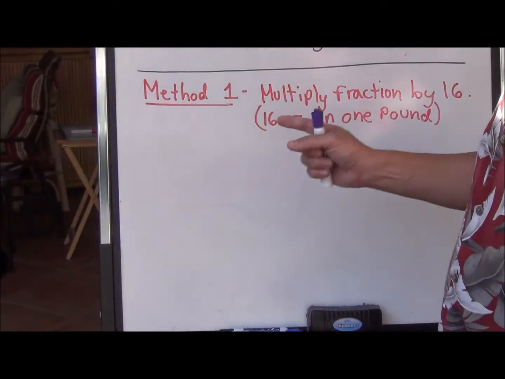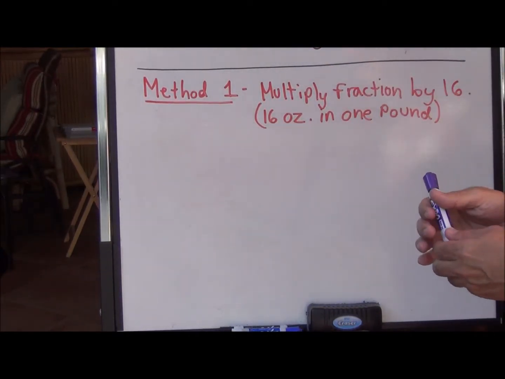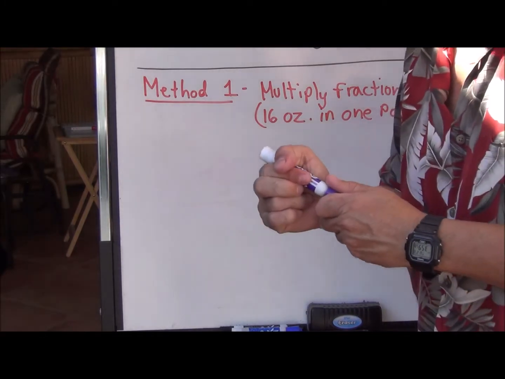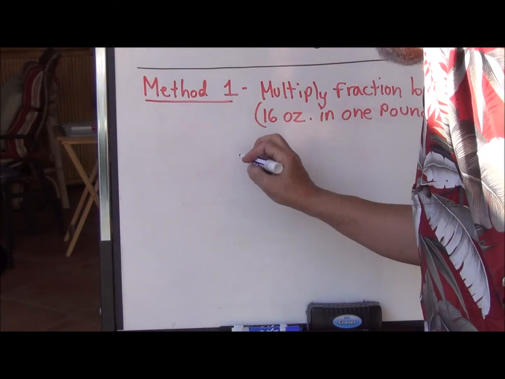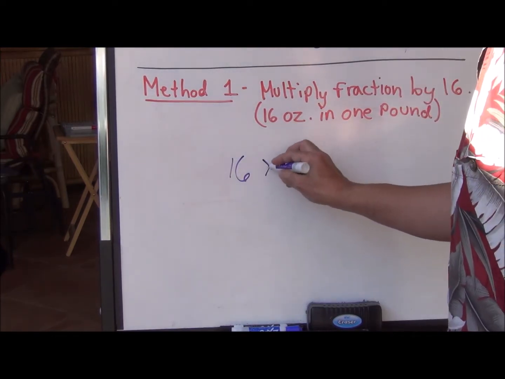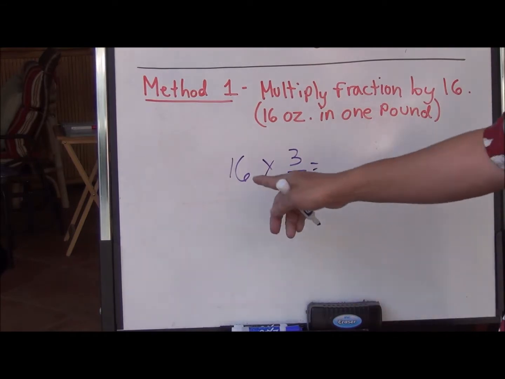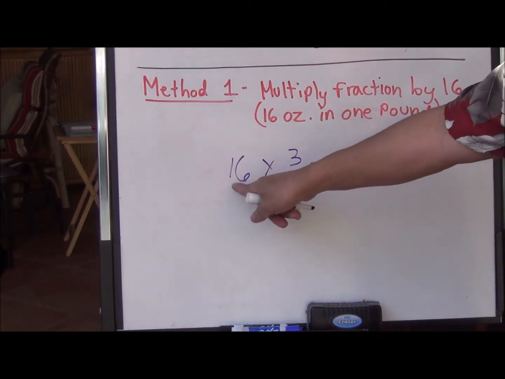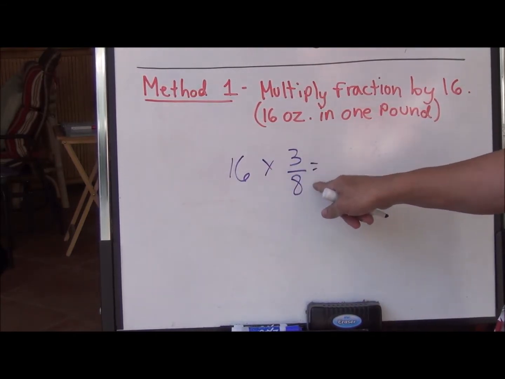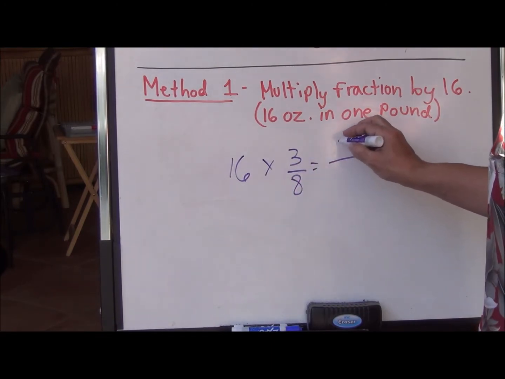So here we go with method 1. We're going to multiply 3/8 times 16 because there are 16 ounces in a pound. It doesn't matter which one you put first. Now when you're multiplying a whole number times a fraction, it's the whole number times the numerator and then you divide. So 16 times 3 is 48.